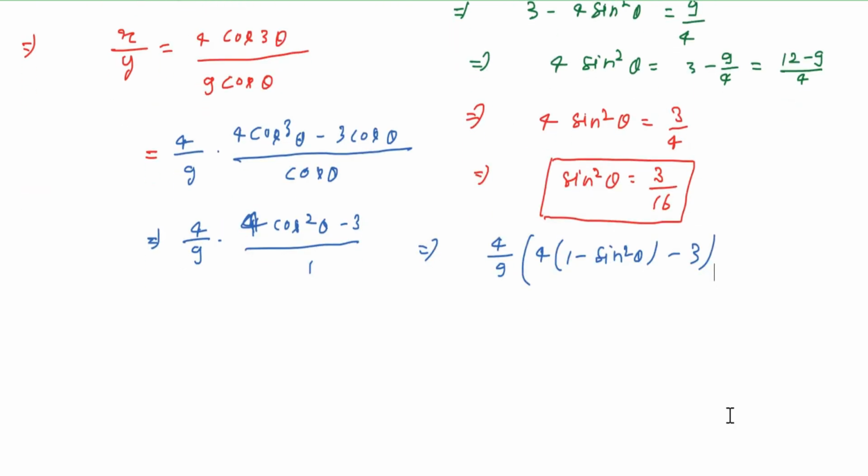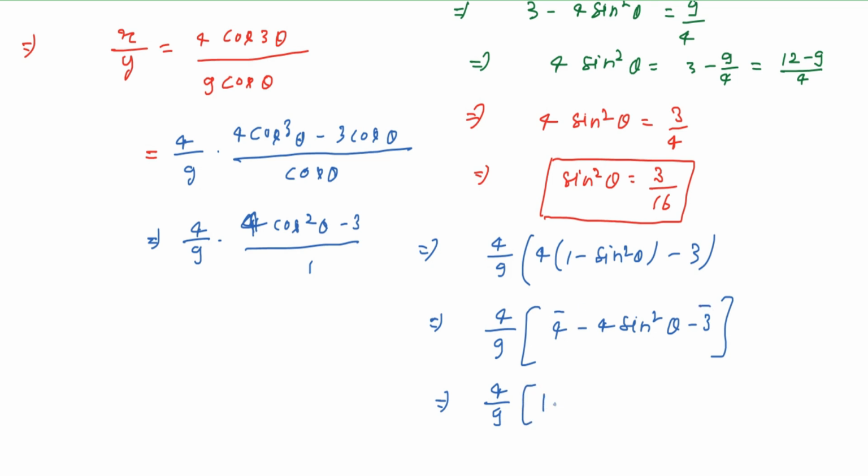Further we can write 4 divided by 9 times 4 minus 4 sine square theta minus 3. So further we will have 4 divided by 9, and 4 minus 3 will become 1, and minus 4 times sine square theta.